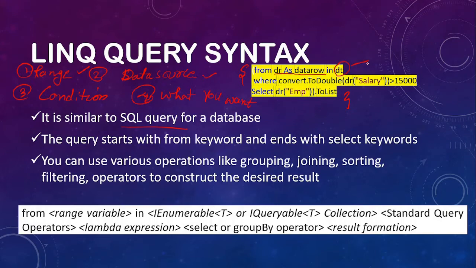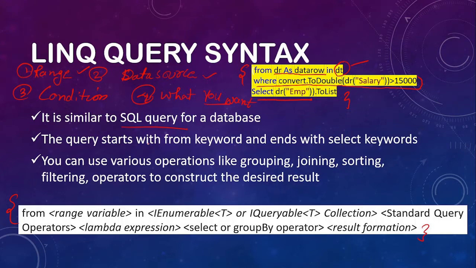Now my condition is where Convert.ToDouble(dr("salary")) is greater than 15000, that is, when my salary is greater than $15,000. And the fourth one is what I want: select dr, meaning I want my employees' names in the list. This is a standard syntax of a Linq query.